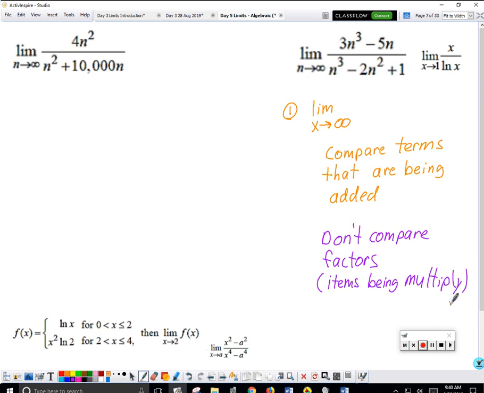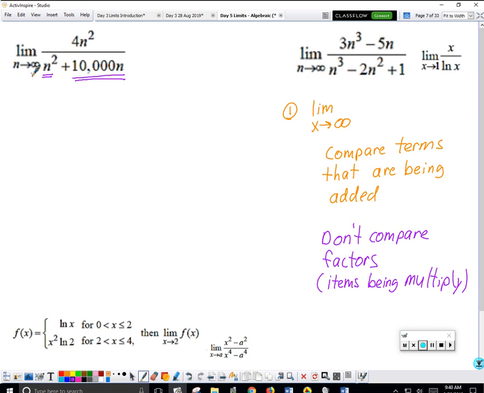So what I mean by compare is I look at the denominator and I notice there are two items being added. There are two terms, n squared and the 10,000n. Here's the comparison that I'm referring to. As n gets bigger and bigger, both of these will get larger. But the squared term will grow so much bigger than the non-squared term that the best example I can give is think of having a scale.